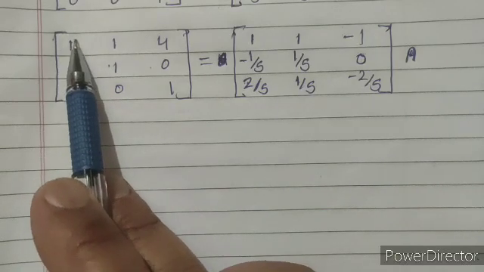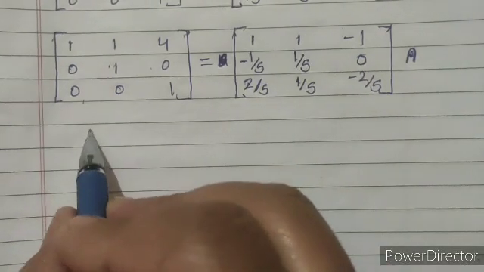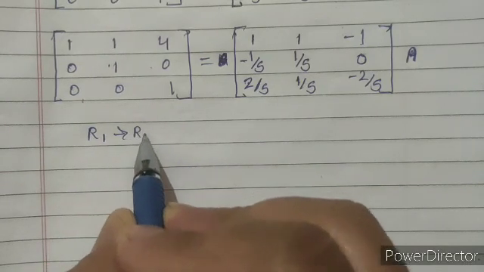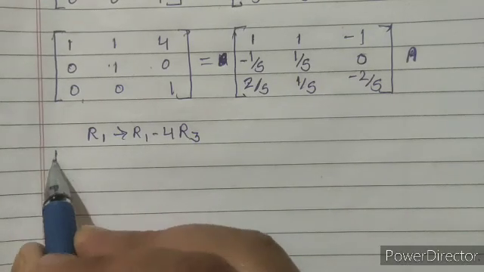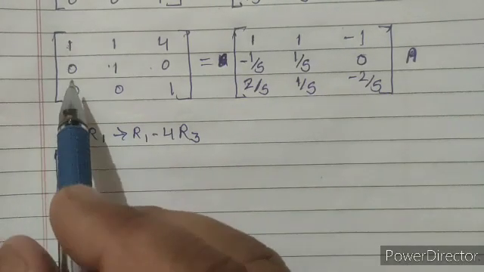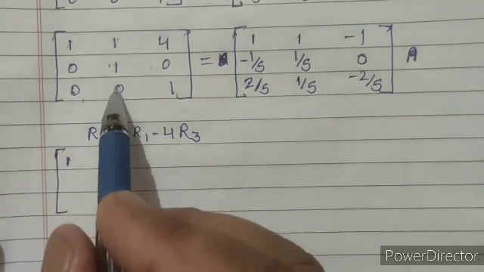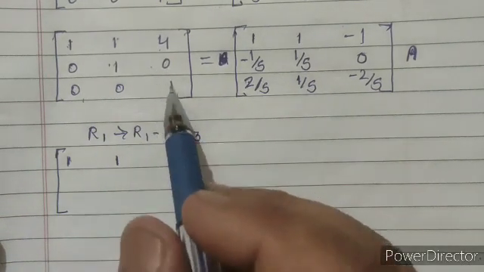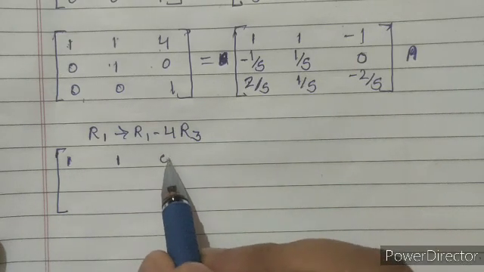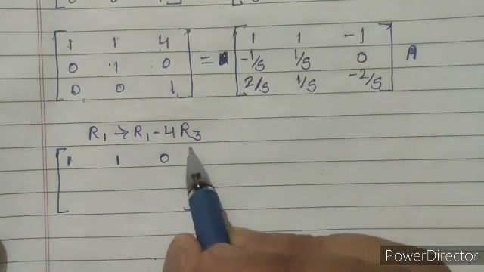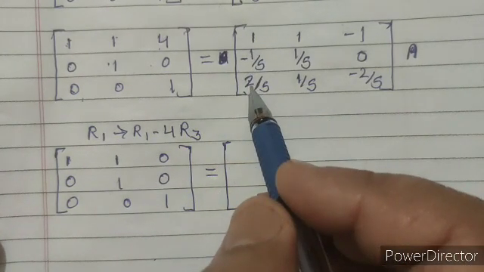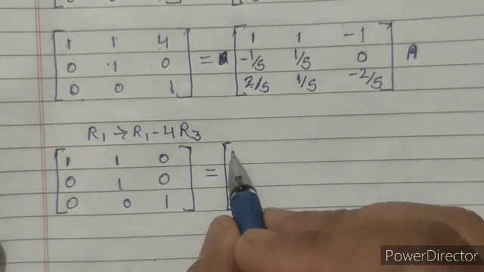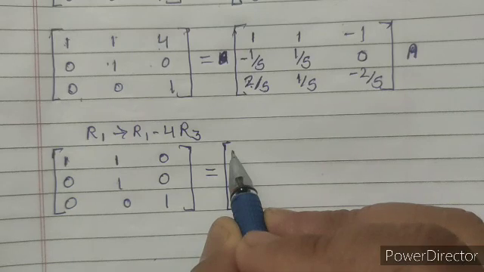So we can change row 1 to row 1 minus 4 into row 3. That means row 1 on the left hand side will become 1 minus 4 into 0 will be 1, 1 minus 4 into 0 will remain as 1, and 4 minus 4 into 1 will be 0. And the other two rows will remain the same. Here also, 1 minus 4 into 2 by 5 will give us minus 3 by 5.